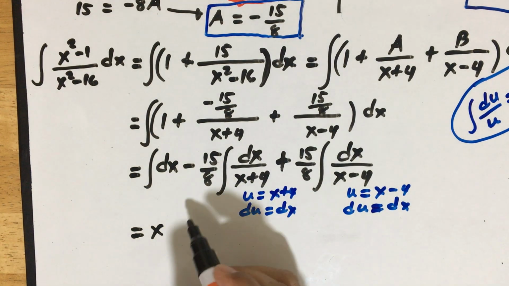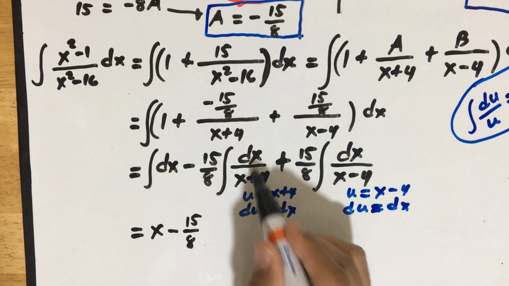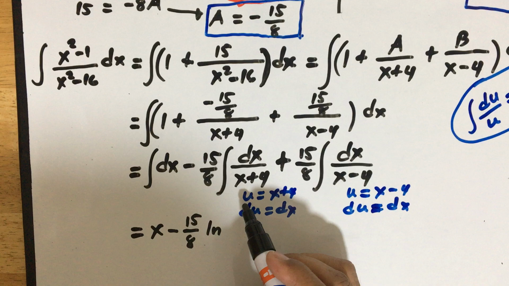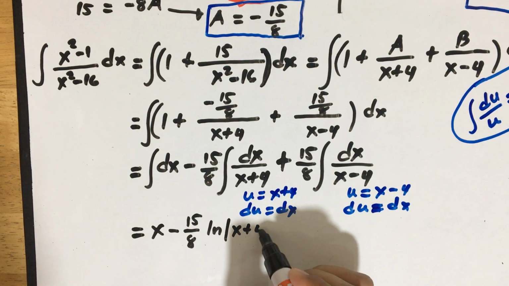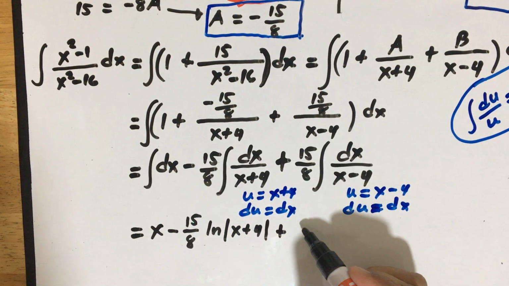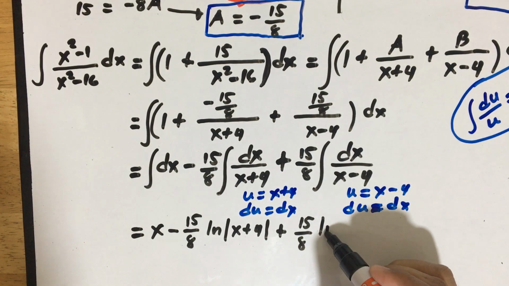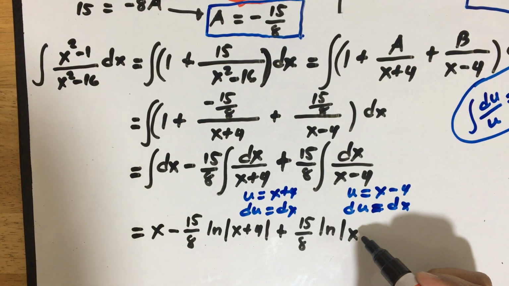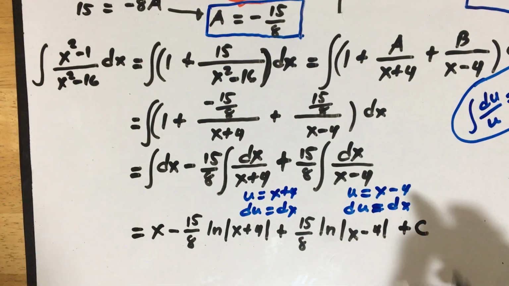Our second term, we have minus the constant, which is 15 over 8, times the integral of du over u, which is ln of (x plus 4), then plus 15 over 8 times ln of (x minus 4). Then plus c.